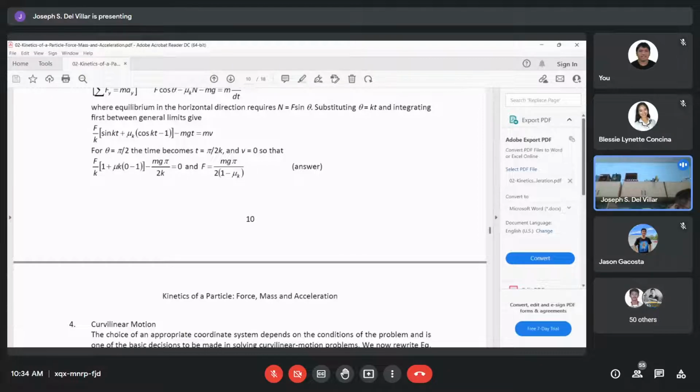So now this is F. The k cancels, so we have mg pi, all over negative 1 minus mu k. Therefore, this is now mg all over 2.